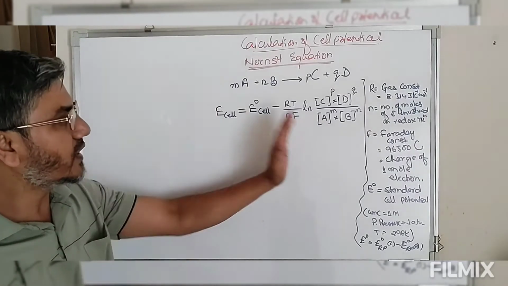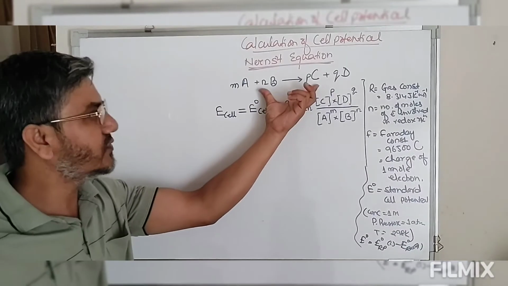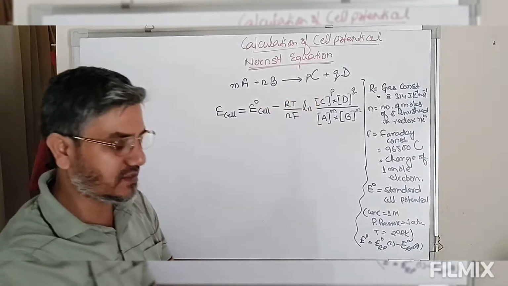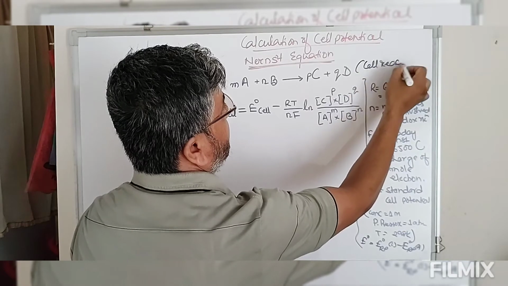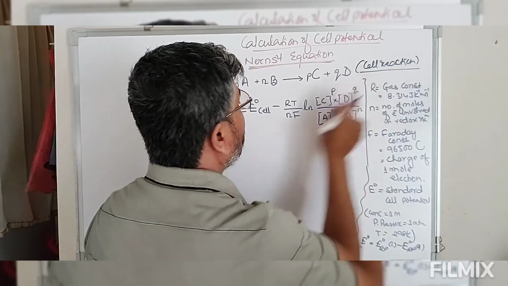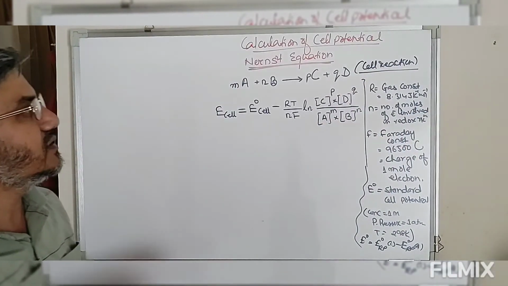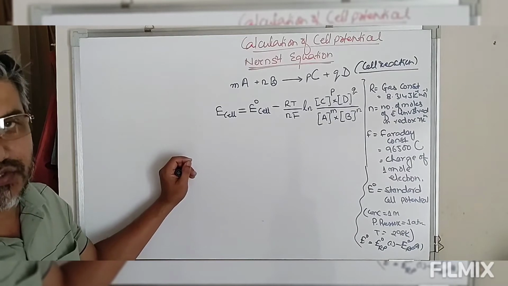So first, to write down this equation, we need to have the net cell reaction. Before writing the Nernst equation, we need a balanced cell reaction.